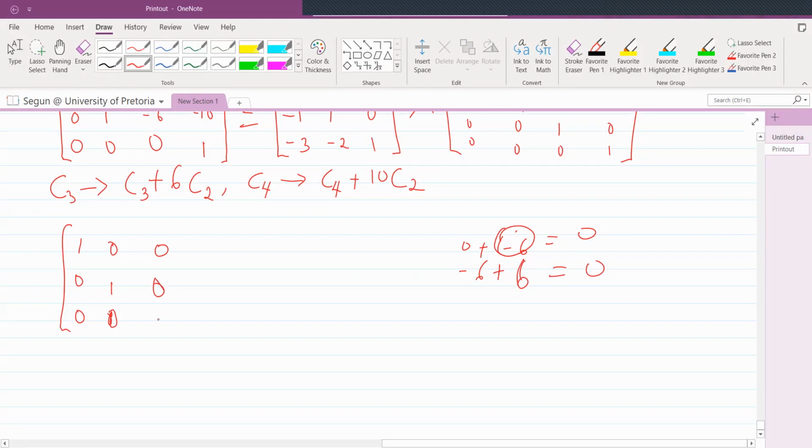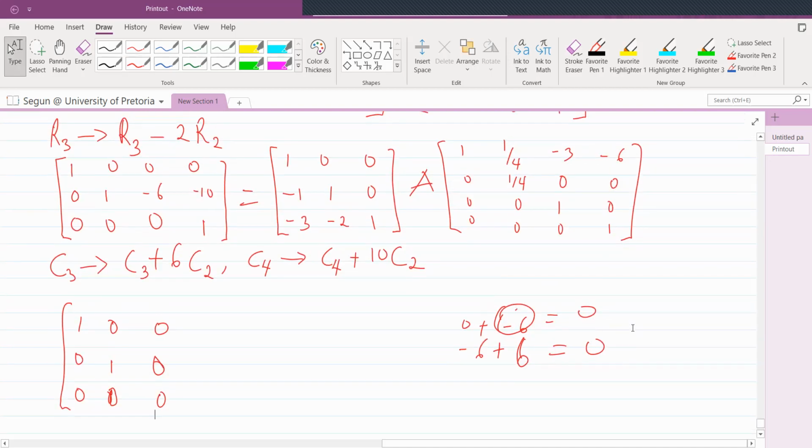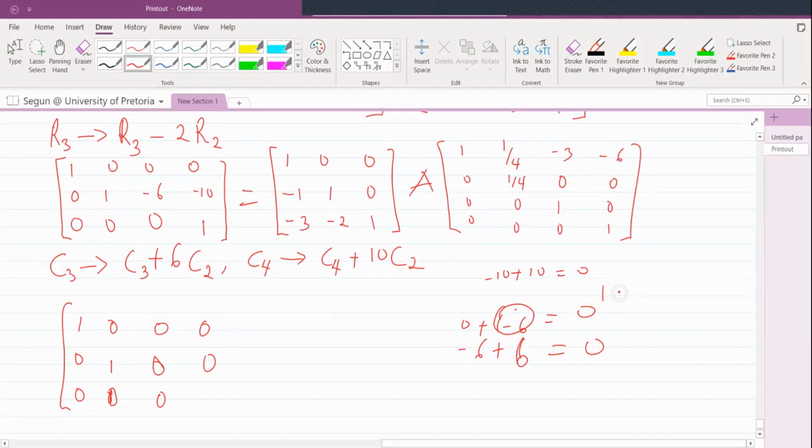And the last one will be 0. So let's do the C4 too. C4 will be 0, this will be minus 10 plus 10, 0. It will also be 1. One plus 0, which is 1.